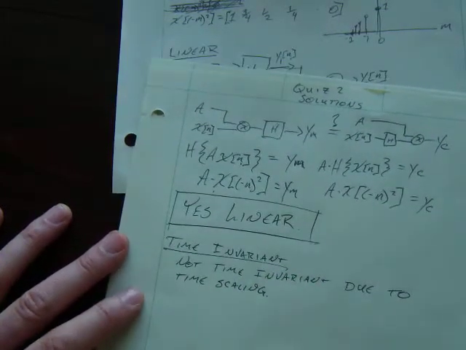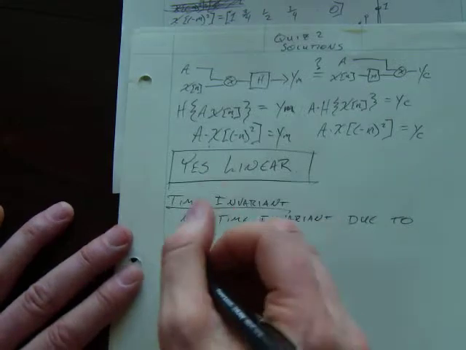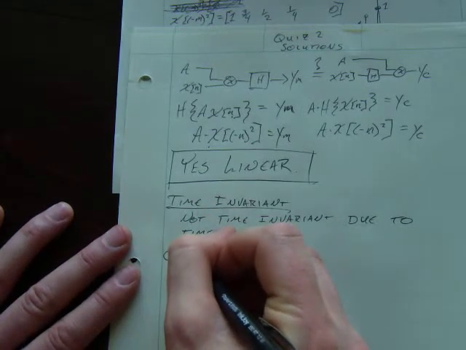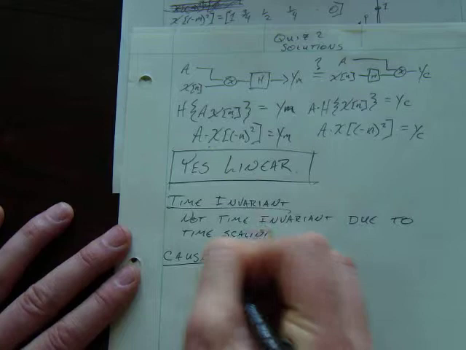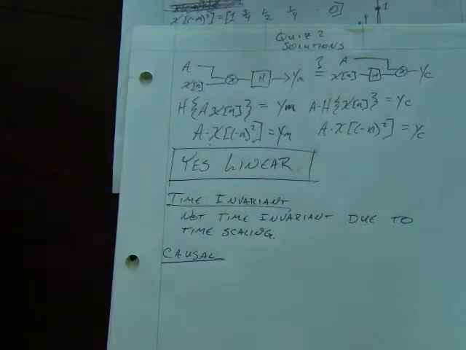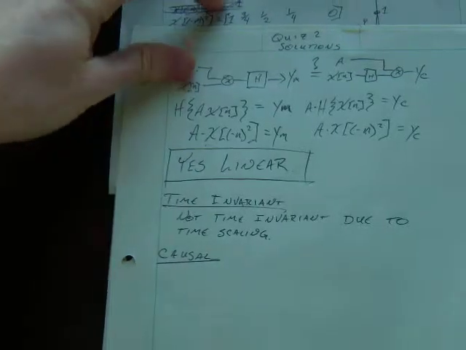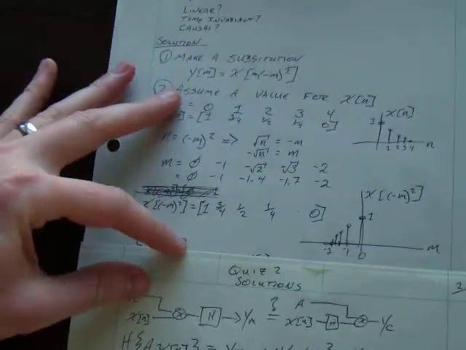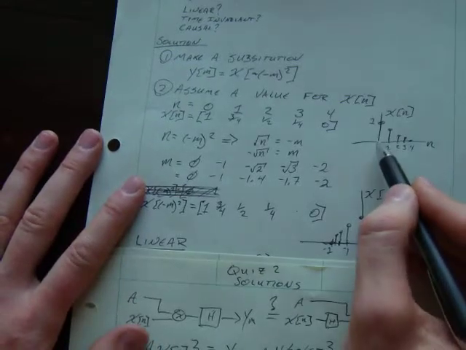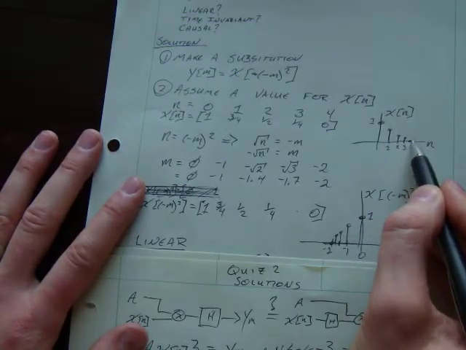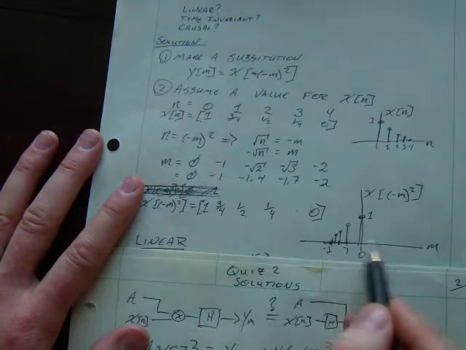Alright, now the third one is called causal. So this is, does it move forward in time? Are we always looking at something in the past? So given an input that goes higher and higher in time, are we looking at a value in the past, or are we going to look at a value in the future? So again, we can look at this graph, and we can see that as we move forward in time, this is our input, and this is our output.